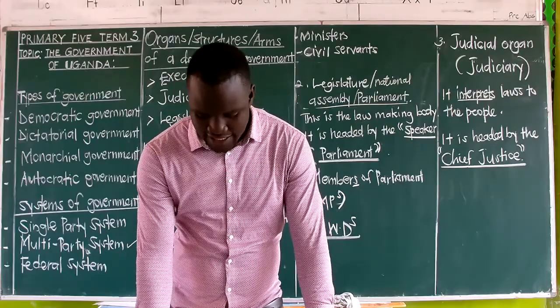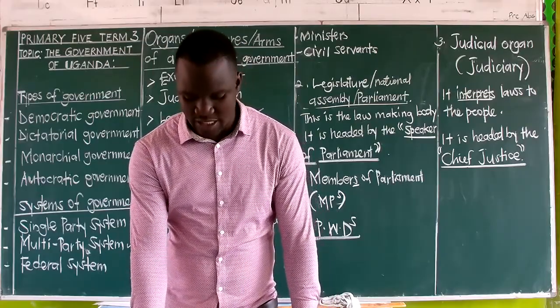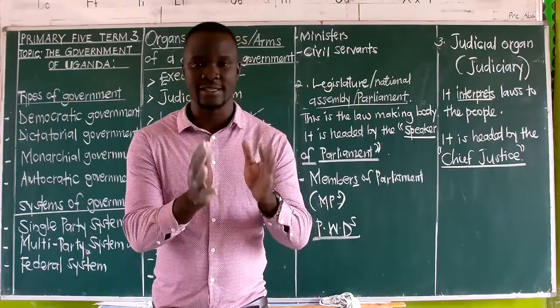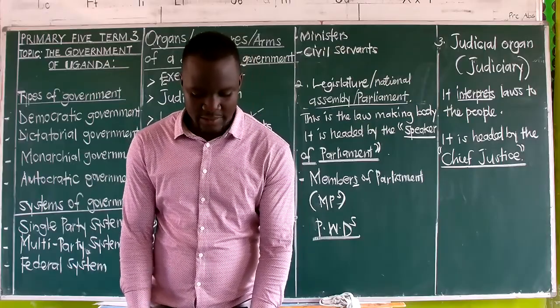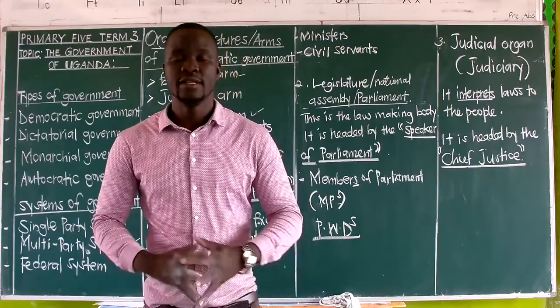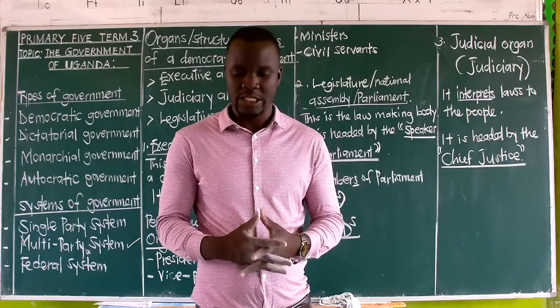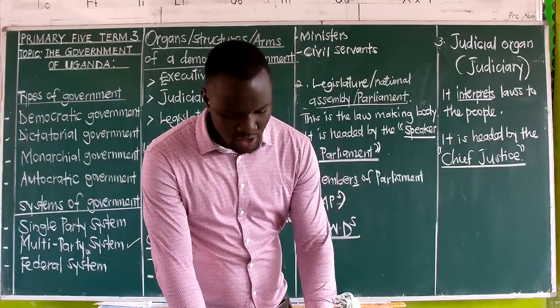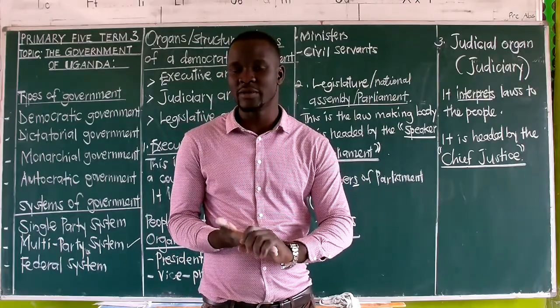And then we have other people, like we have the Principal Judge, we have the magistrates, and then we have lawyers falling in that category of the judiciary. Remember, these are the people who deal with the interpretation of law. Now, we are going to be looking at the courts. Of course, when we talk about the judiciary, we now go to court.